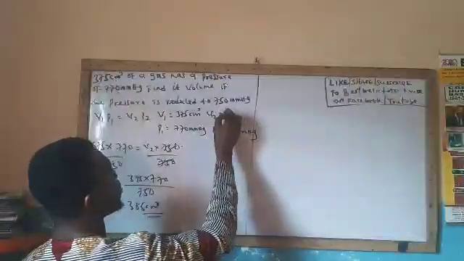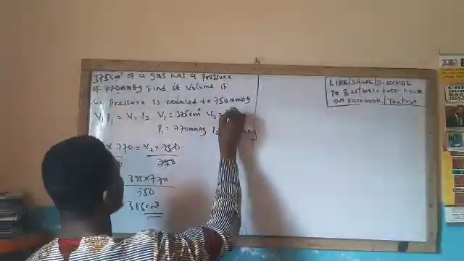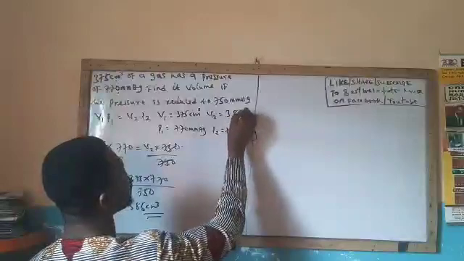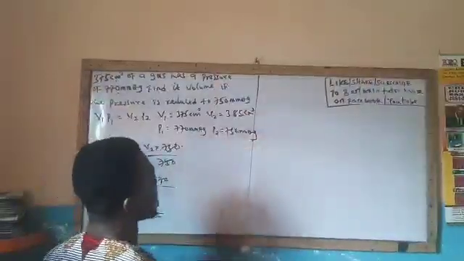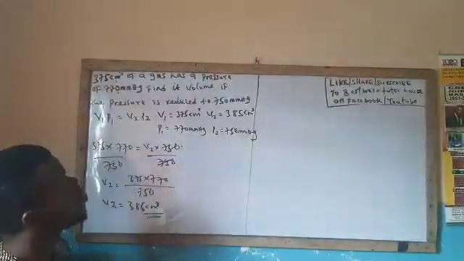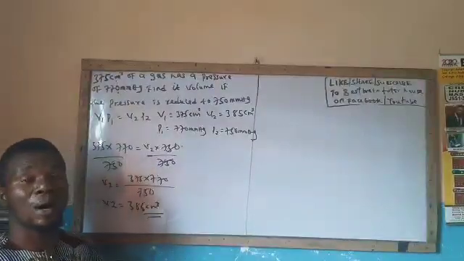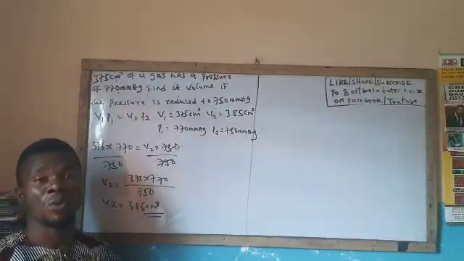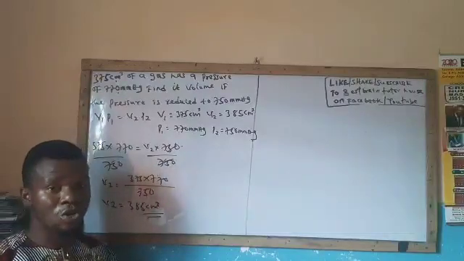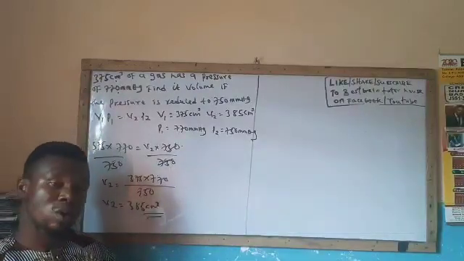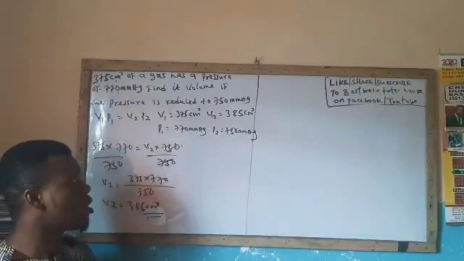Now I have determined my V2. Reflecting back on what we have said about Robert Boyle, he said that when the volume of a given mass of gas increases, the pressure will decrease, and vice versa, when the pressure increases, the volume will decrease.